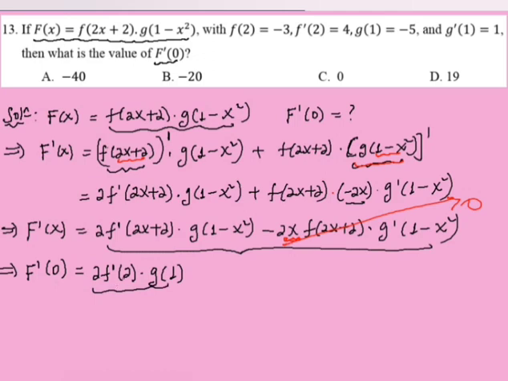But what is f prime at 2? f prime at 2 is 4. Therefore, this is 2 times 4 times g of 1, which is minus 5. So this becomes negative 40. Okay, therefore capital F derivative at 0 is equal to negative 14 is the answer.